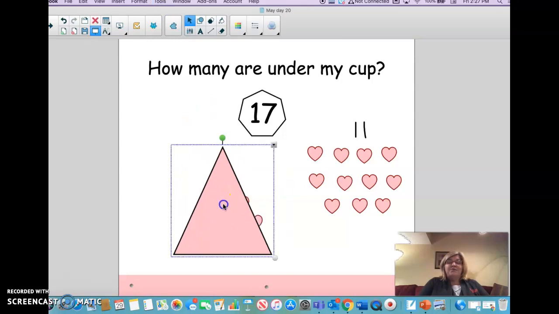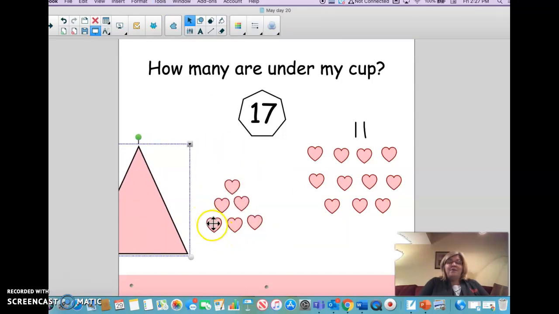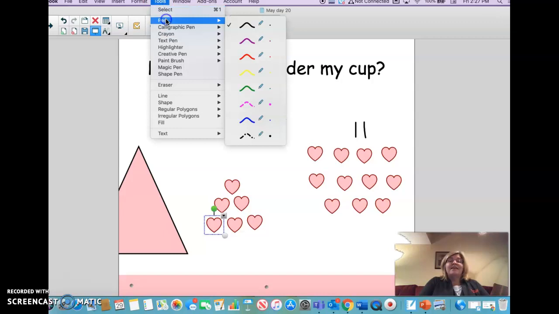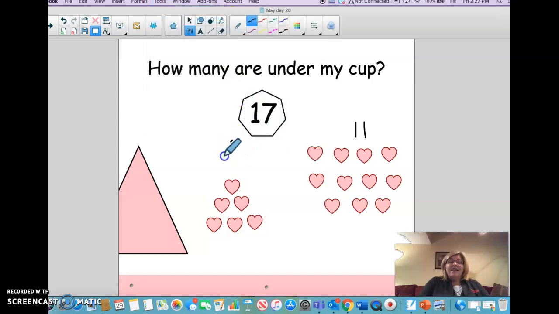Did you guess? 1, 2, 3, 4, 5, 6 were underneath? If you did, great job. 6 plus 11 equals 17. But you could also do subtraction by 17, take away the 6 that were under the cup, and that leaves you with the 11 that were laying on the table.